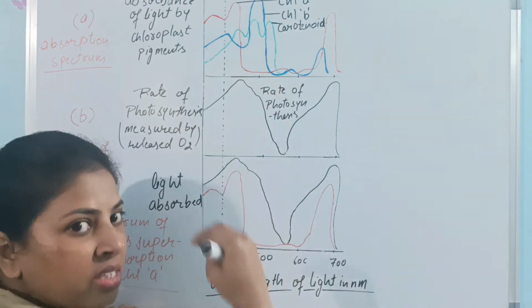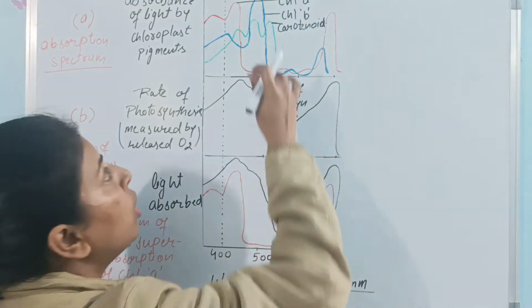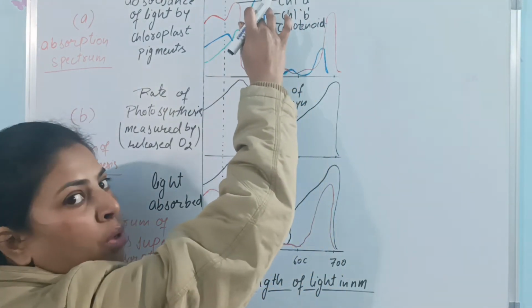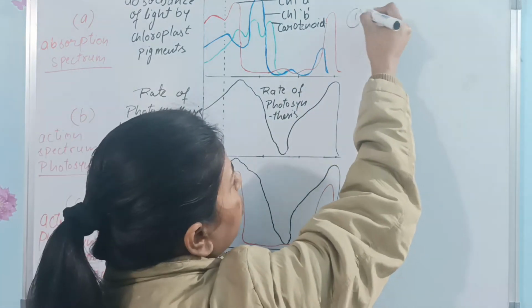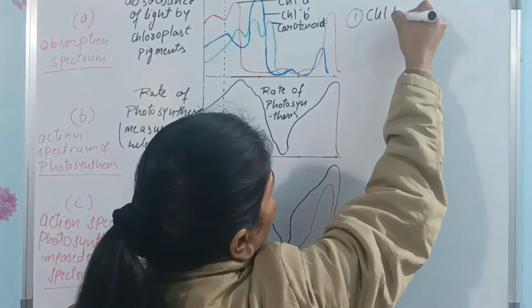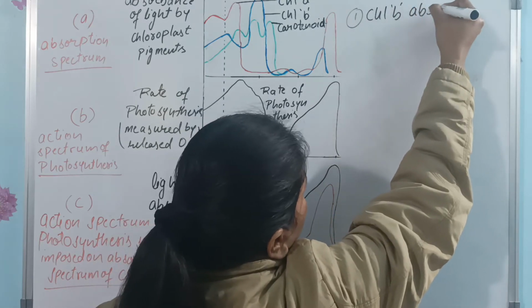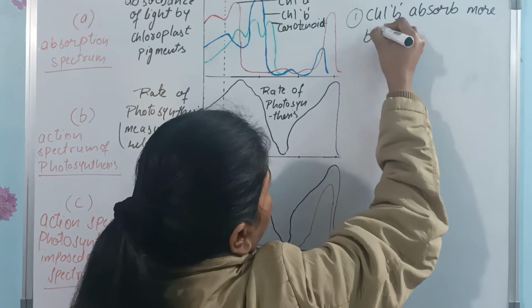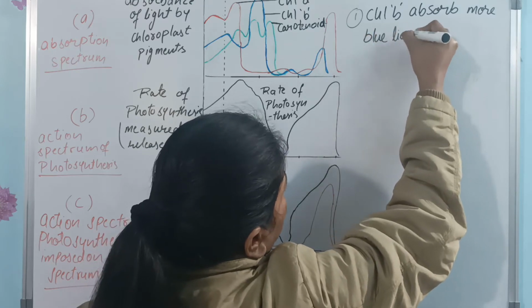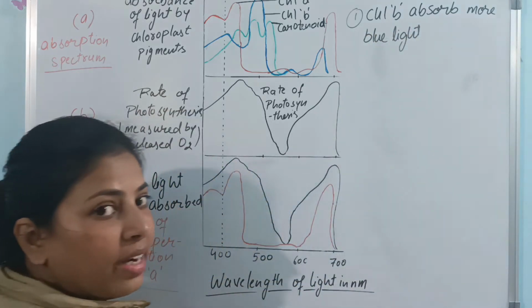So the first conclusion is that chlorophyll B absorbs more blue light than red light.